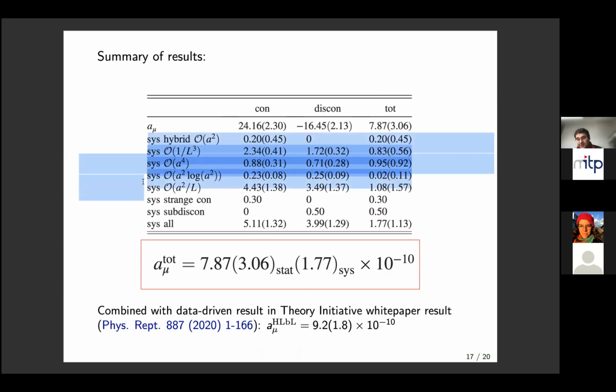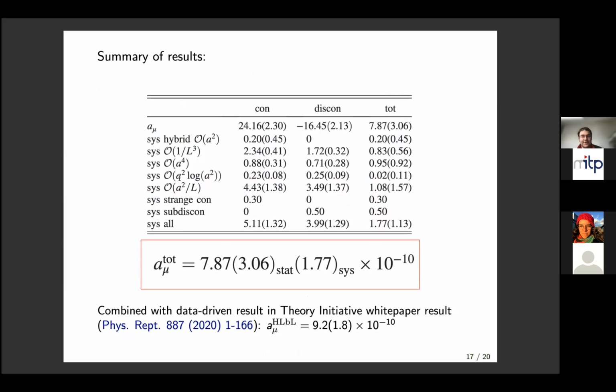I apologize for having a busy plot here. For time reasons, I cannot go into all the details of the systematic error estimates, but I am showing you the complete list here nevertheless, so that you see what has been addressed. So quickly, finite volume effects and modifying the fit ansatz, the continuum extrapolation, possible cross terms between finite volume and infinite volume effects that in principle should not be there, but once you use an infinite volume regulator like QED-L, you can actually mix ultraviolet and infrared scales.